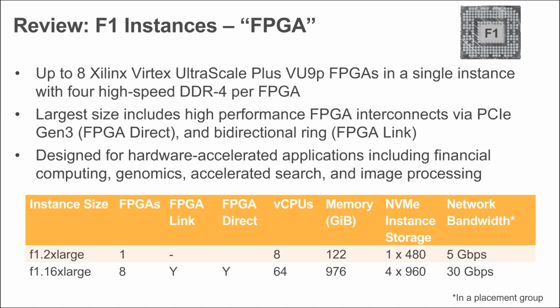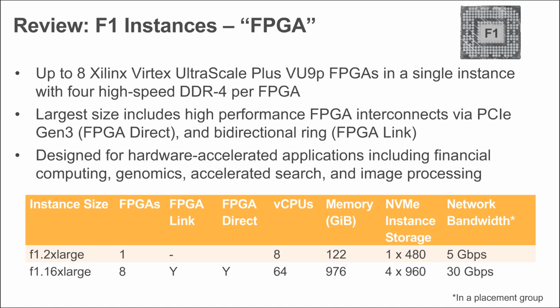And lastly, our most recent optimized instance, which is currently in preview, is the F1 instance. So the F in F1 stands for FPGA. FPGAs are useful for all sorts of workloads that can benefit from hardware acceleration or specialized hardware to meet the demands of a compute pipeline.